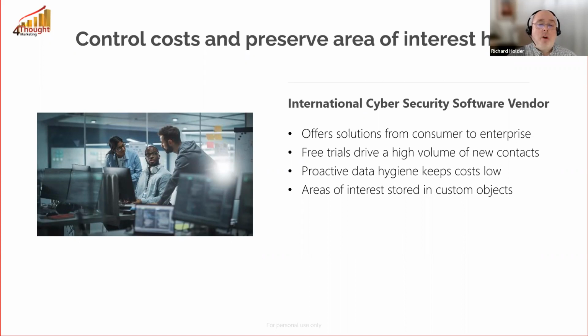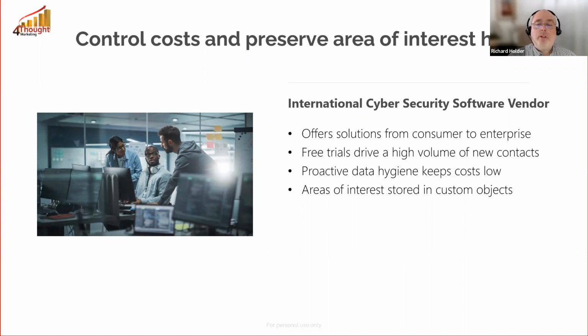Now, they often see that these deleted contacts will come back later for a new trial. Maybe they want to reevaluate, or maybe they started out with a consumer offering and now they're interested in something for their business. So they're going to do another offer and they return to this system. And they wanted to give their salespeople the ability to have that continuity between the two activities.